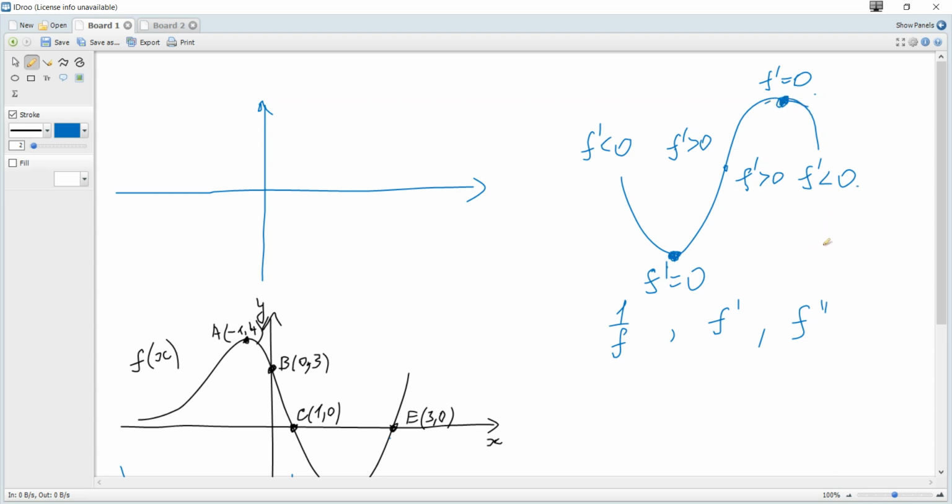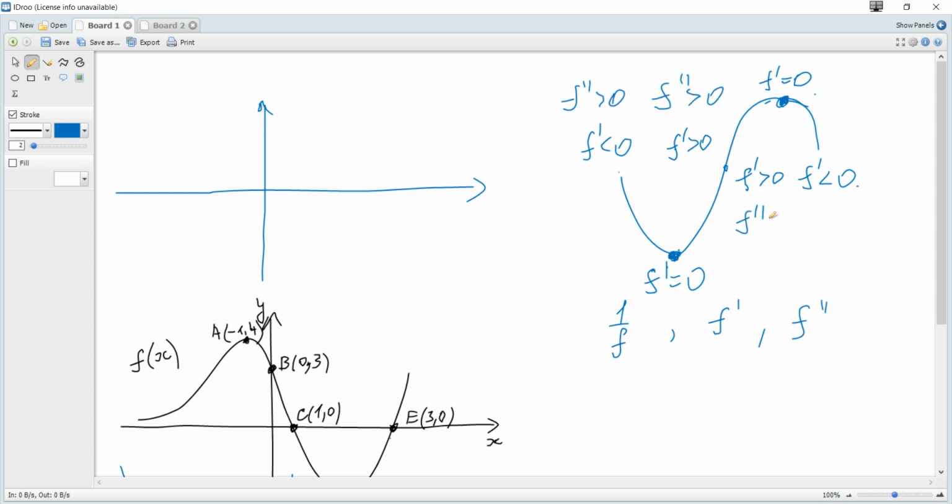Another method is to find the second derivative, and if the second derivative at a point is positive, it means the function is concave up, and hence it's a minimum. And if the second derivative is negative at the point, it means the shape is concave down, and it implies a maximum. So it's called concave up, and the second derivative is positive.